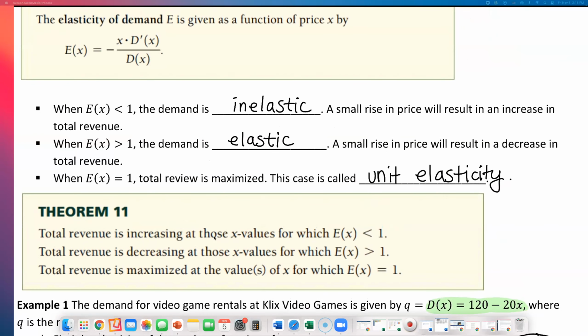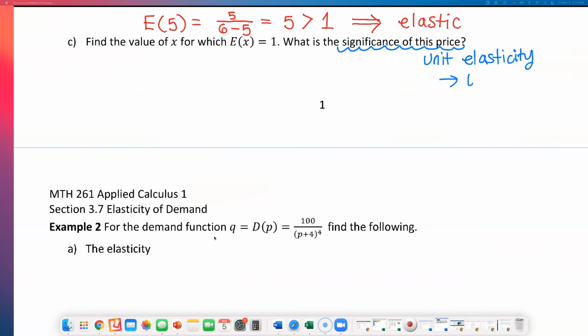Look, the total revenue is maximized at that price. Total revenue is maximized when x is, all right, let's find it.